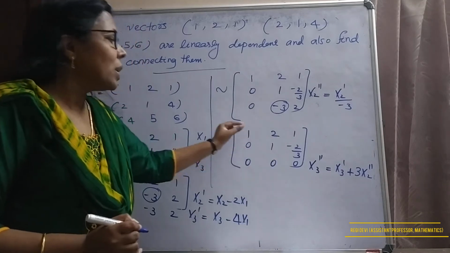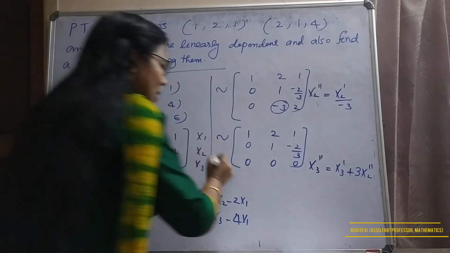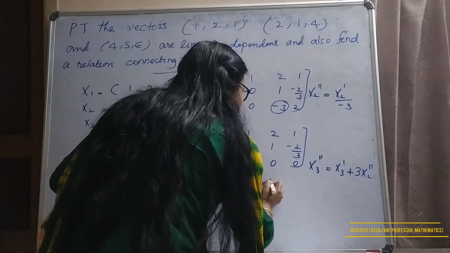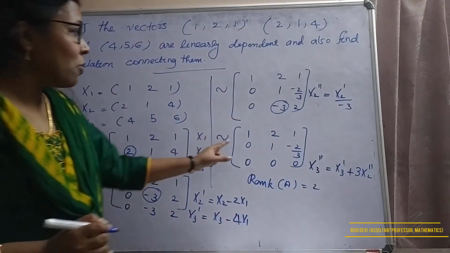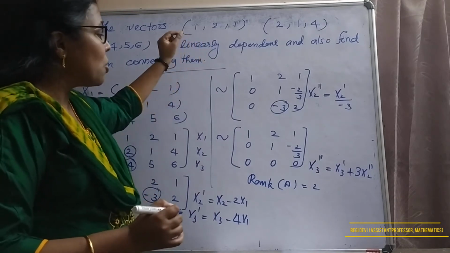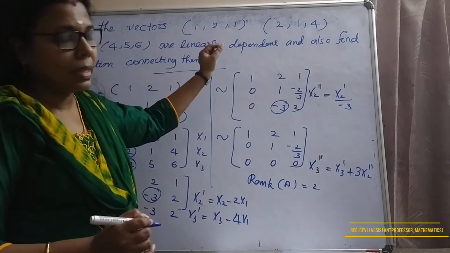Now we have to find the rank of A. What is the rank of A? Rank of A equal to 2. But the number of vectors is 3. Here the rank of A is not equal to the number of vectors.